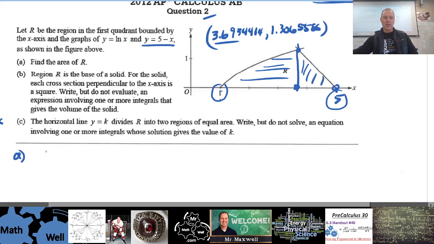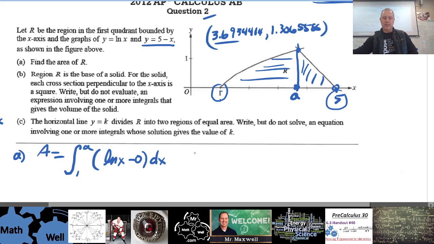For A, you should have the area is the integral from 1 to, and I will call this a, so I don't have to write out that whole decimal. 1 to a of ln of x, and then really minus 0 because that's the lower function, so it's just ln x dx.